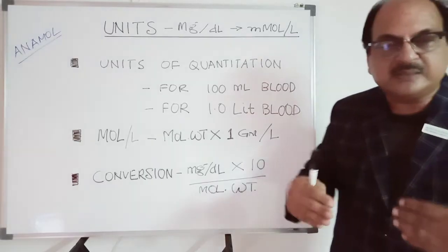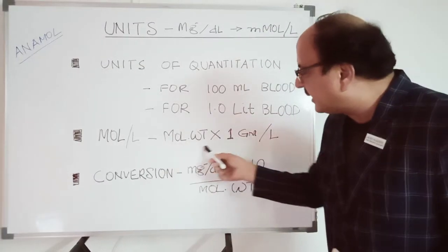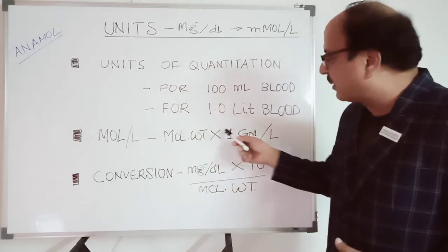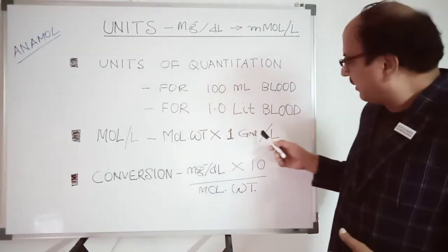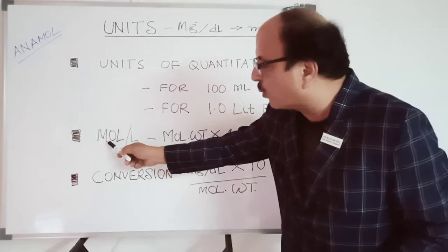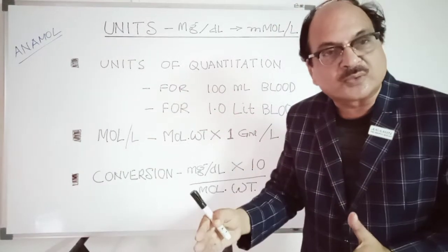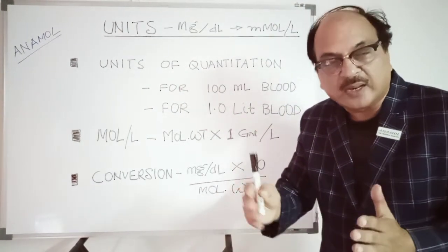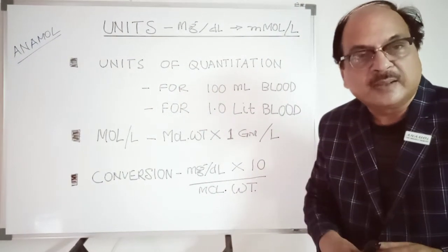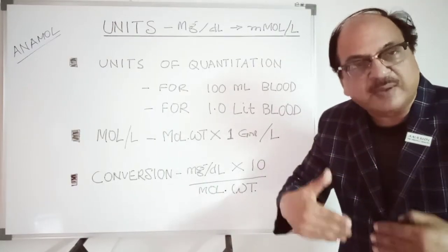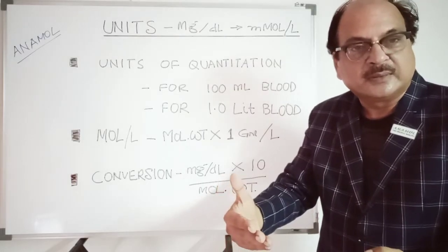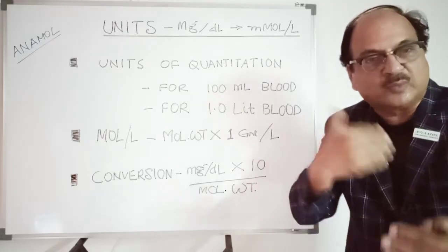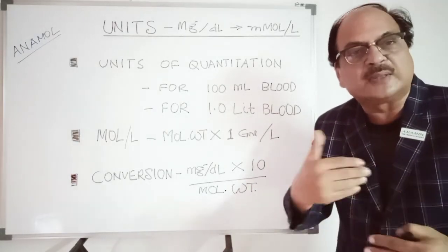So if you take 180 grams of glucose per liter, that is 1 mole per liter of glucose. If you want millimoles, you have to multiply by 1000. Or if you go in reverse, you have to divide by 1000.